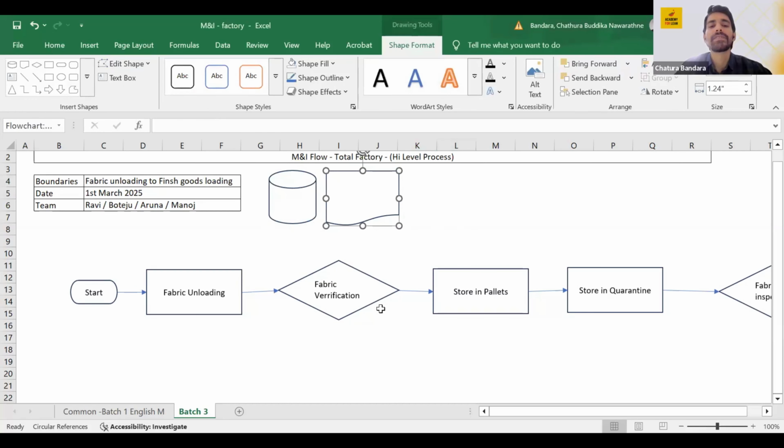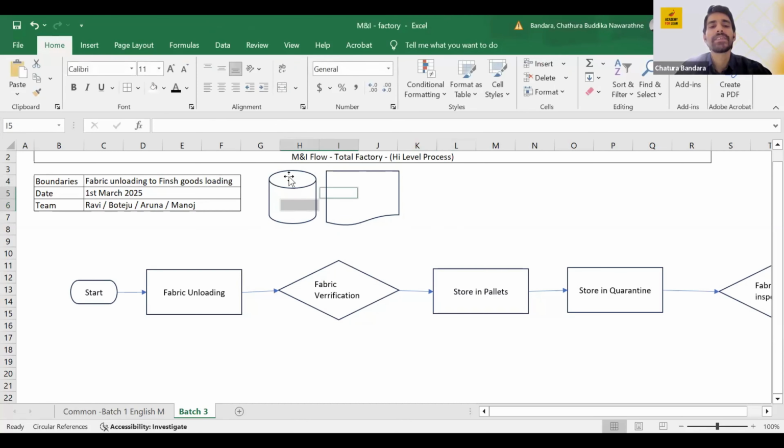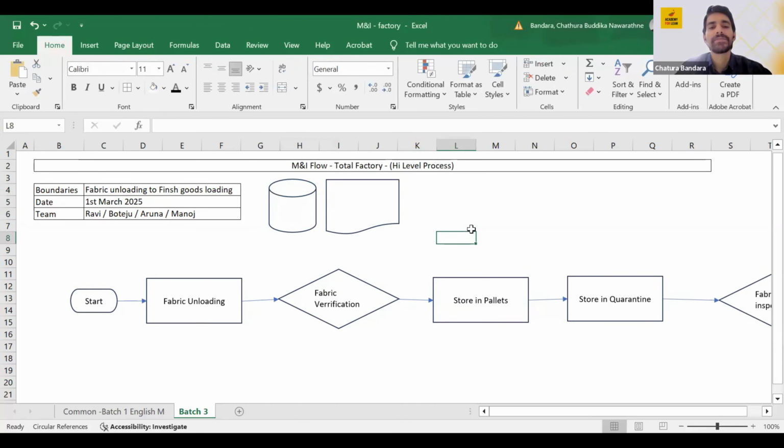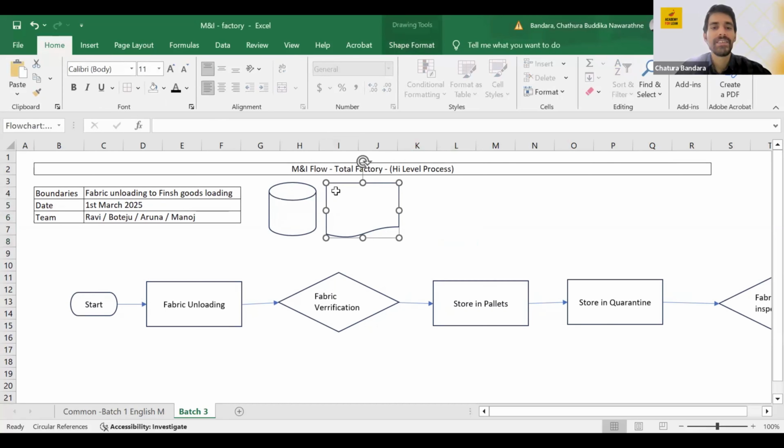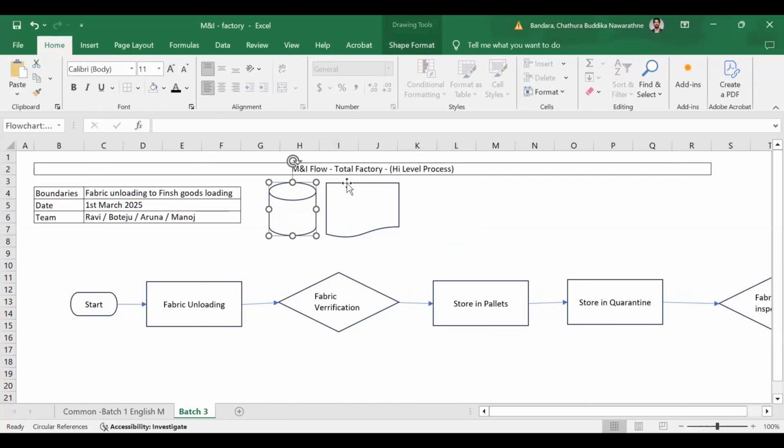What do you use here in fabric inspection? So it should be cylinder. Yeah, computer generated.